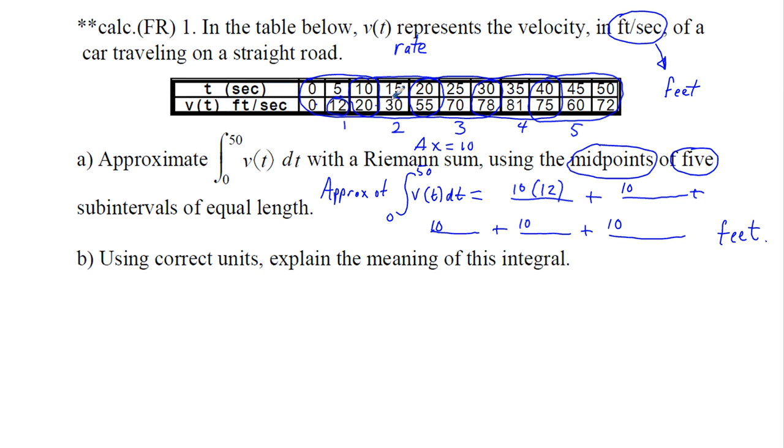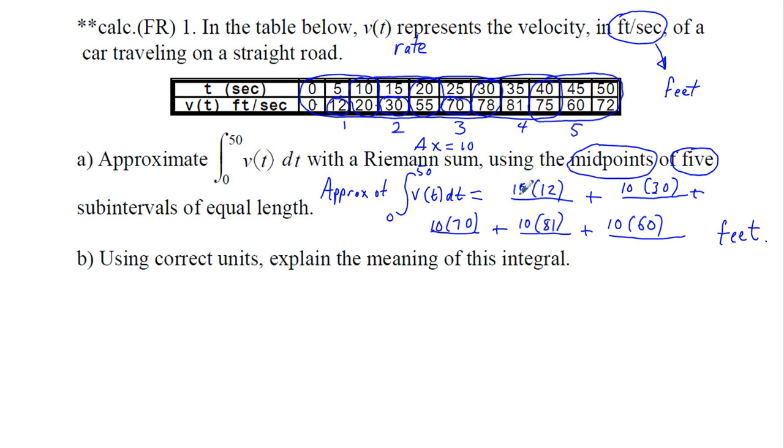For the second interval, our mid value is 30. For our third subinterval, our mid value is 70. For our fourth subinterval, we have 81 as our mid value, and then our fifth is going to be 10 times 60.